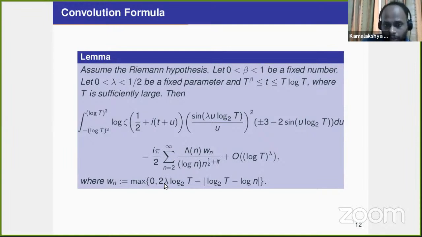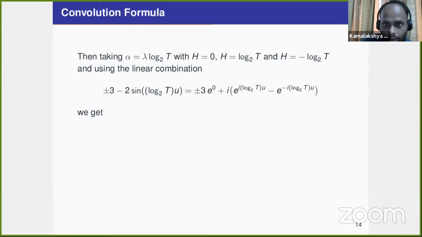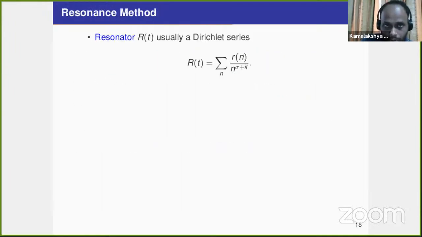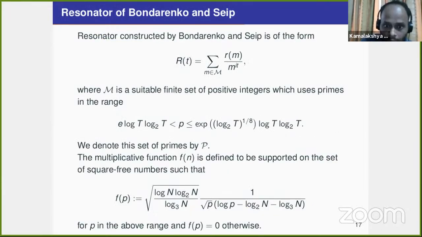So the range of n we can get is of order log t to the power 1 plus 2 lambda. So the important thing is it is a little bit bigger than log t to the power 1 plus epsilon. And that's what makes it work with the resonator of Bondarenko and Seip, where they need primes a little bit more than, or around, log t to the power 1 plus epsilon.